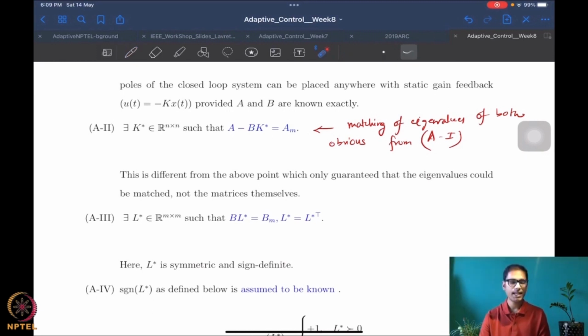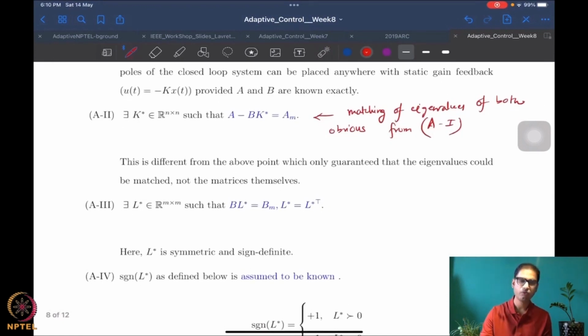So why a lot of times we are okay with this assumption A2 is that we have flexibility in choosing AM a lot of times. Because we are not always specifying AM very stringently.